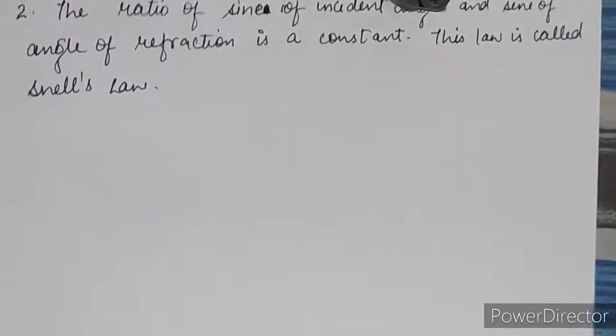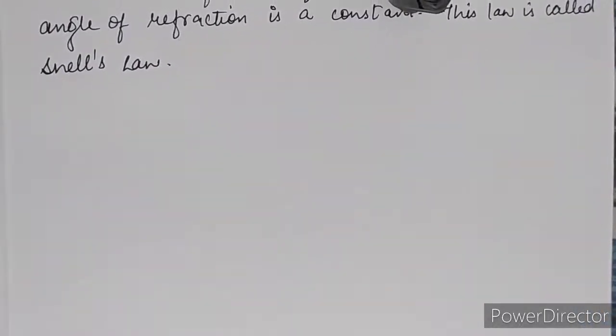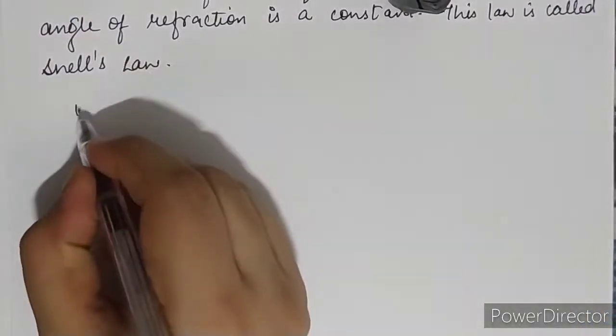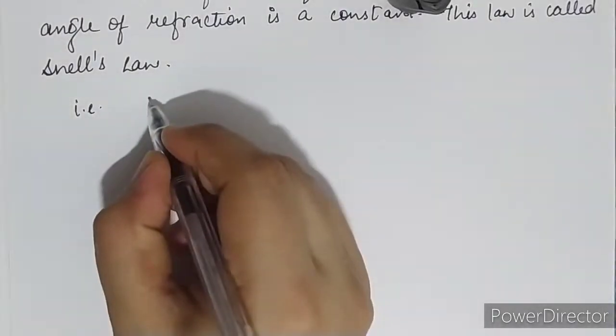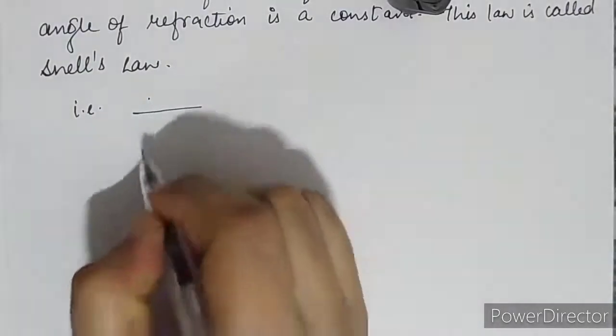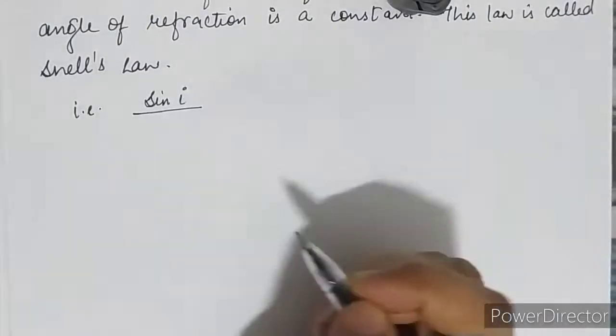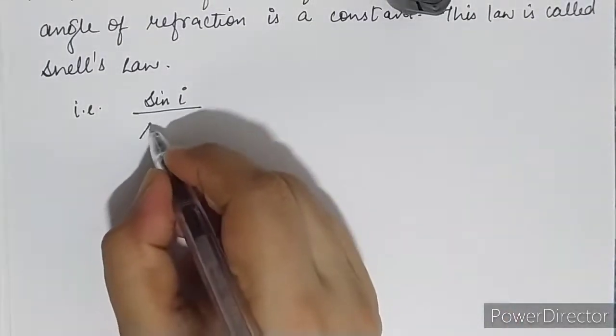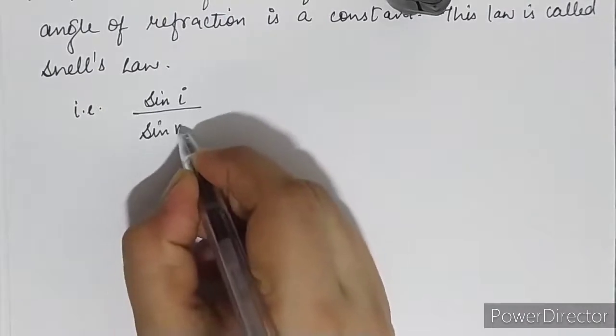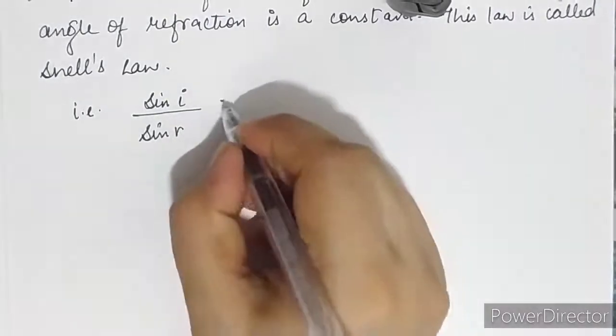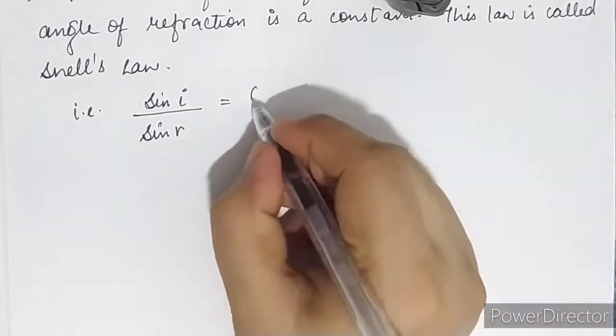Now I am writing down this law in the form of a formula: the ratio of sine of angle of incidence, sin i, and sine of angle of refraction, sin r, is equal to a constant.